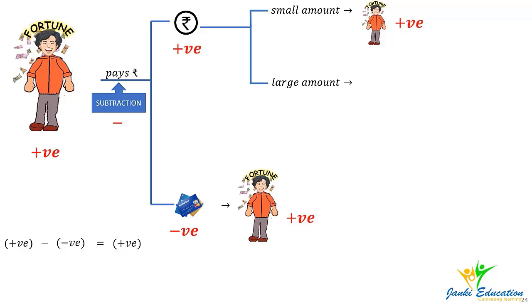And if he pays a large amount, then he becomes a man in debt, which is negative. So here again there are two chances for subtracting positive from positive. So positive minus positive results in positive or negative. Clear?